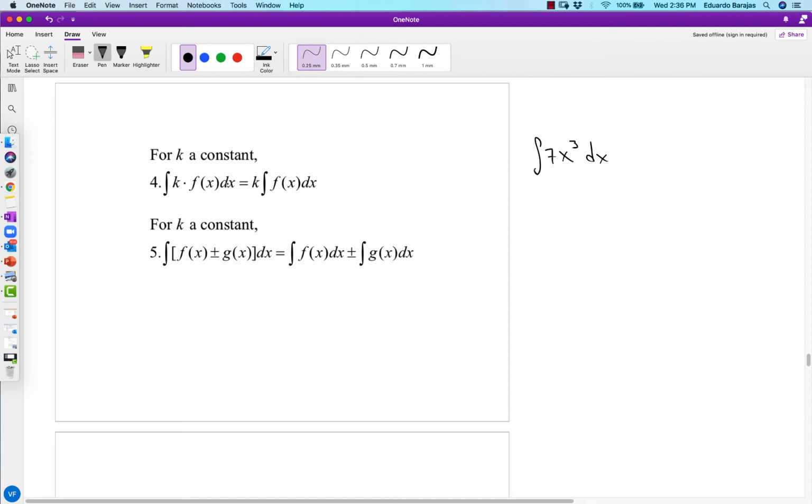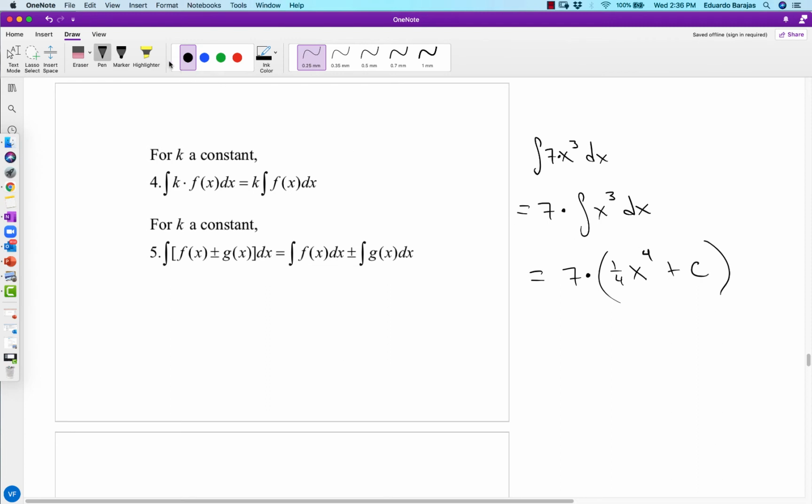That would be this k constant there. So according to this property, we can just pull that on the outside and then deal with the rest of the integral, right? We can factor out a constant that's being multiplied. And then we can just follow the rule from before. We know that this is just going to be equal to 7 times 1/4 x to the 4 power, like this, plus some constant.